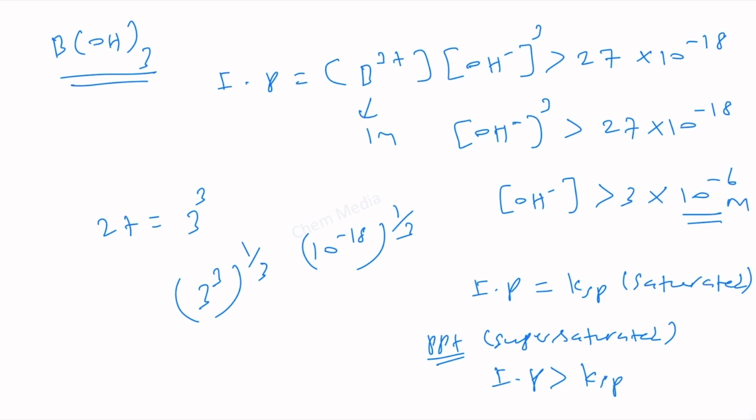So this means the OH- concentration has to increase. But when we are adding ammonium hydroxide, we need a very small amount of OH- to make a precipitate of BOH thrice. To make a precipitate of AOH twice, we need much more concentration of OH-. That's the difference you need to understand in this question.